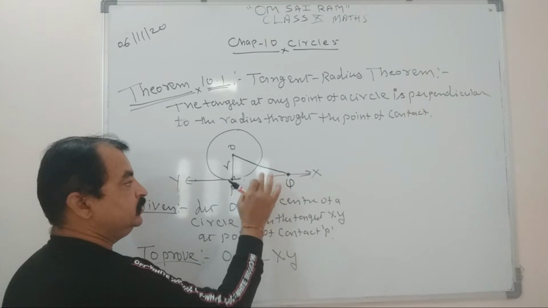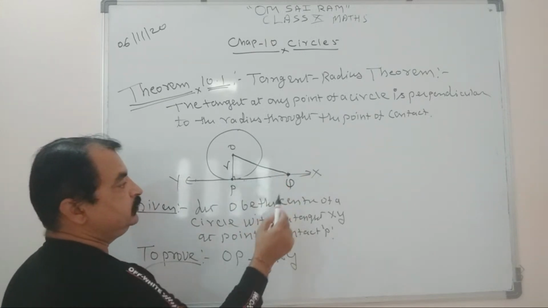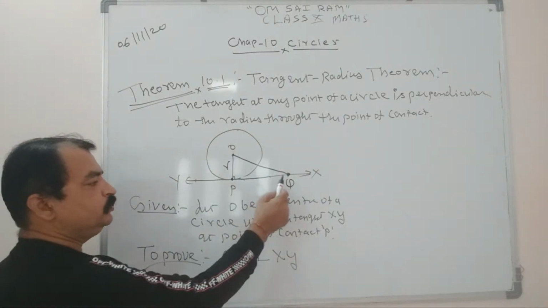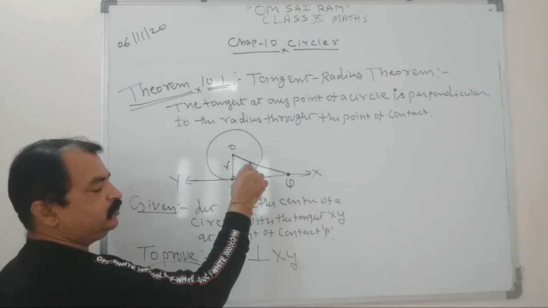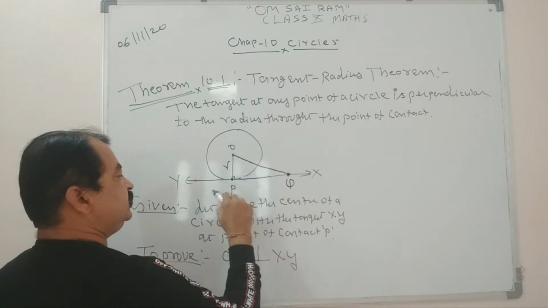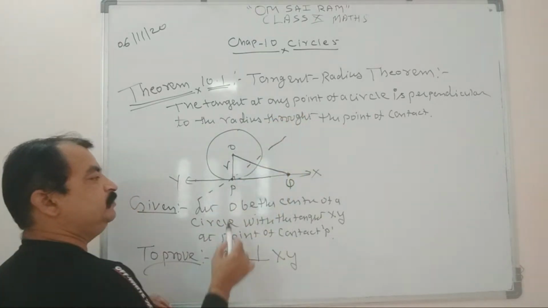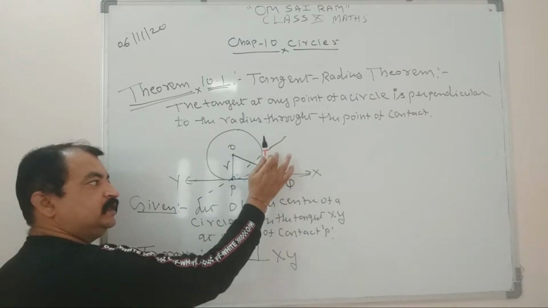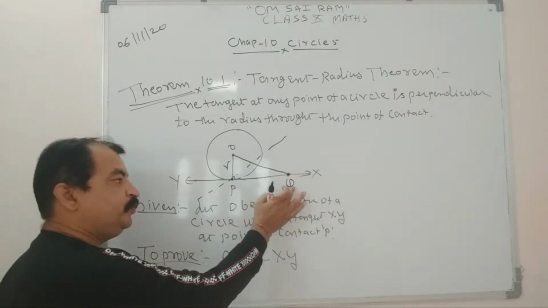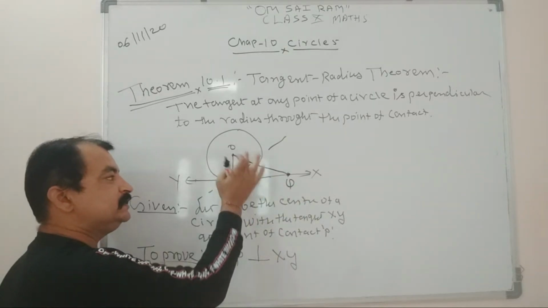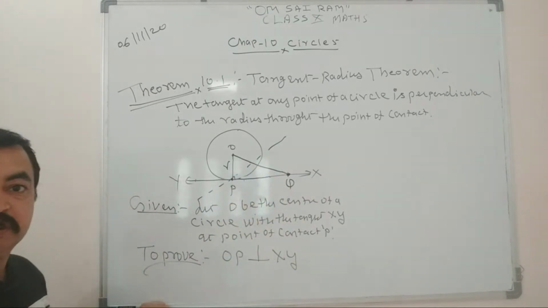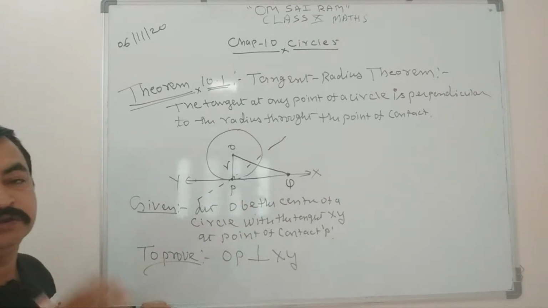Why? Because suppose OQ is smaller than the radius, so that point Q is inside the circle, then what will happen? This tangent XY will become like this, I'll show you. That means it becomes a secant of the circle, right? So if the distance of point Q from the center is smaller than the radius, then XY will not be the tangent, it will be a secant, children.